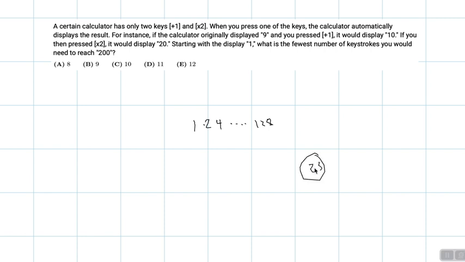If we can just get to 25, find the most efficient way to get to 25, then we just multiply by 2 until we get to 200. So the pattern would look something like this. Once we get to 25, it's going to be 25, 50, 100, 200.